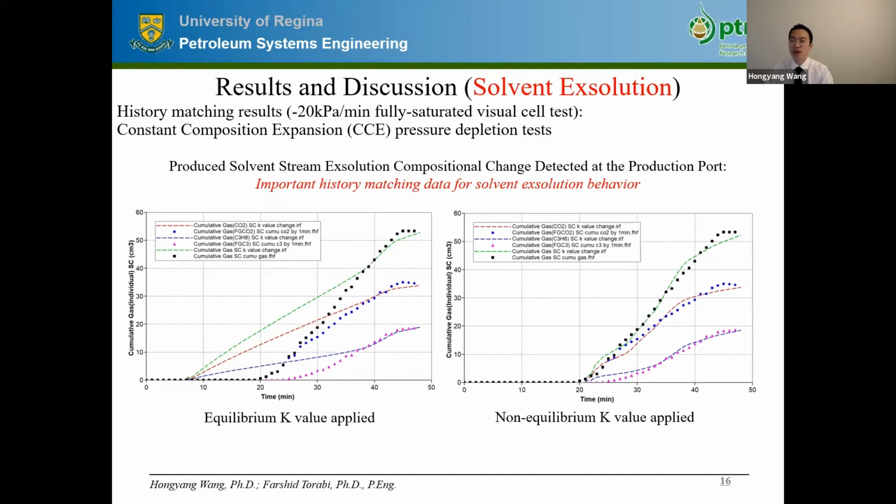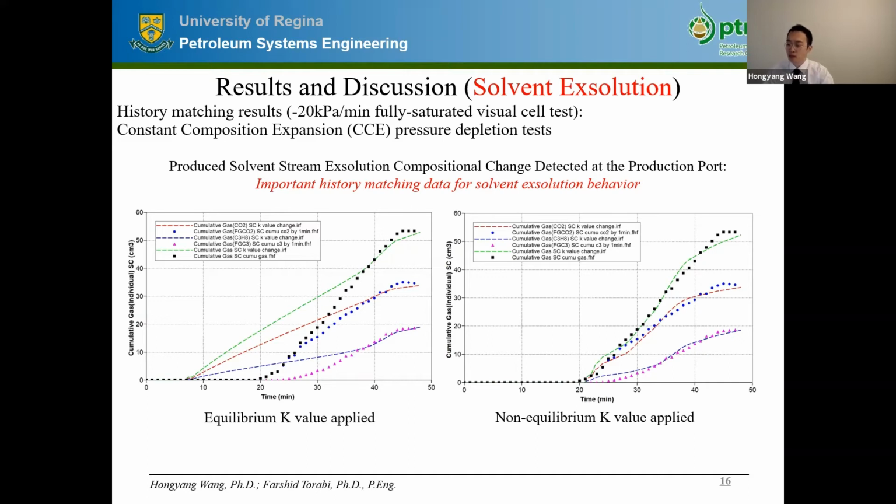Also, based upon the liquid phase fraction, as well as the non-equilibrium K value, we have applied numerical simulation in a continuum scale simulator coupled with the MATLAB optimization module. On the left-hand side, we can see if the equilibrium K value is applied, the experimental results will have a gap between the non-equilibrium data and the equilibrium data.